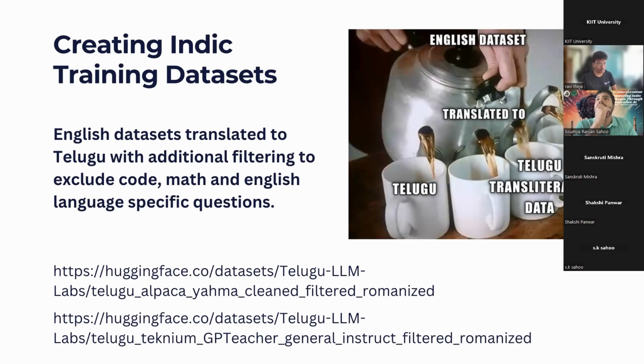Coding problems or translation to specific Western languages don't make sense when you are literally translating the same queries to an Indian language, right? So we used some techniques using a PaLM LLM classification model to filter out these kinds of samples, writing prompts to make it understand which samples to filter out from the training datasets.